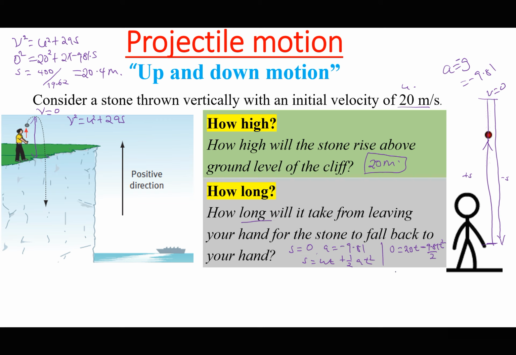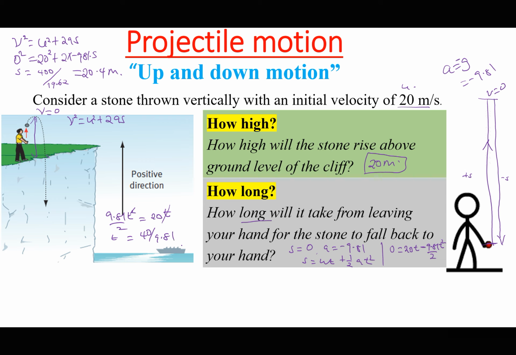So when you solve this equation, we shall have that 9.81 t squared divided by 2 is equal to 20 times t. So one t cancels with the square, and that means t is going to be 40 divided by 9.81.